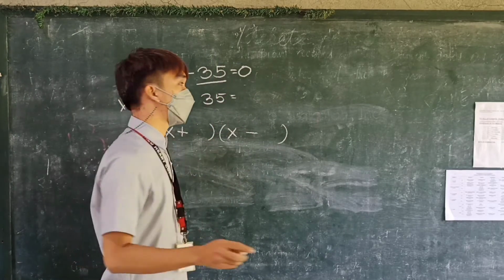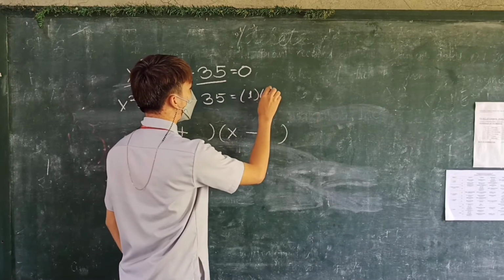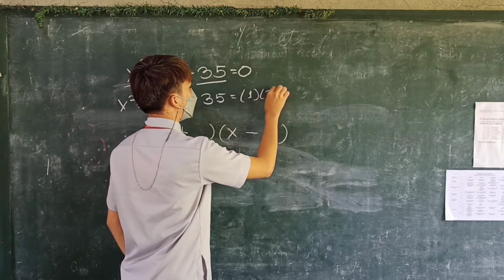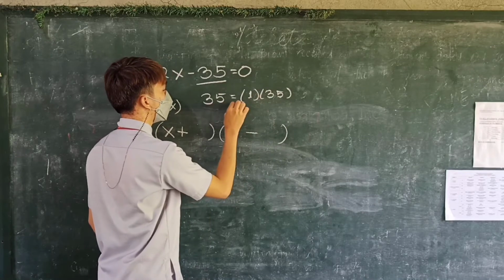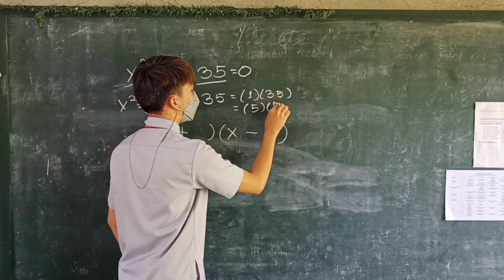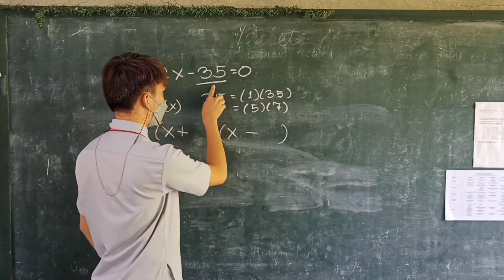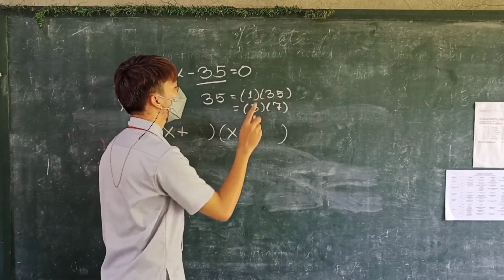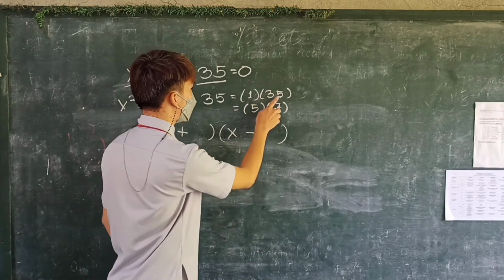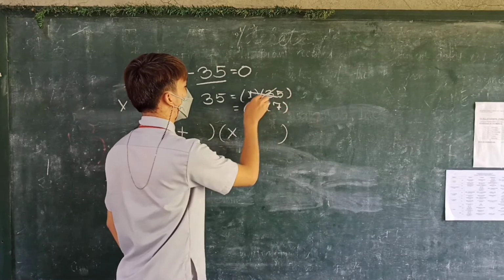First pair we have 1 and 35, and then we have 5 and 7. 1 times 35 is 35, so it could be, but 1 plus 35 is 36, or 35 minus 1 is 34. So we cannot use these factors.